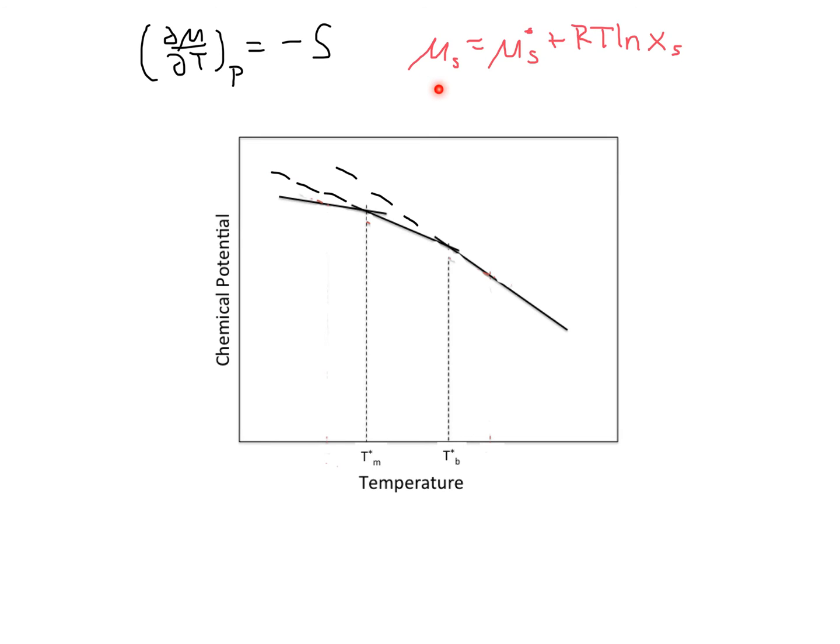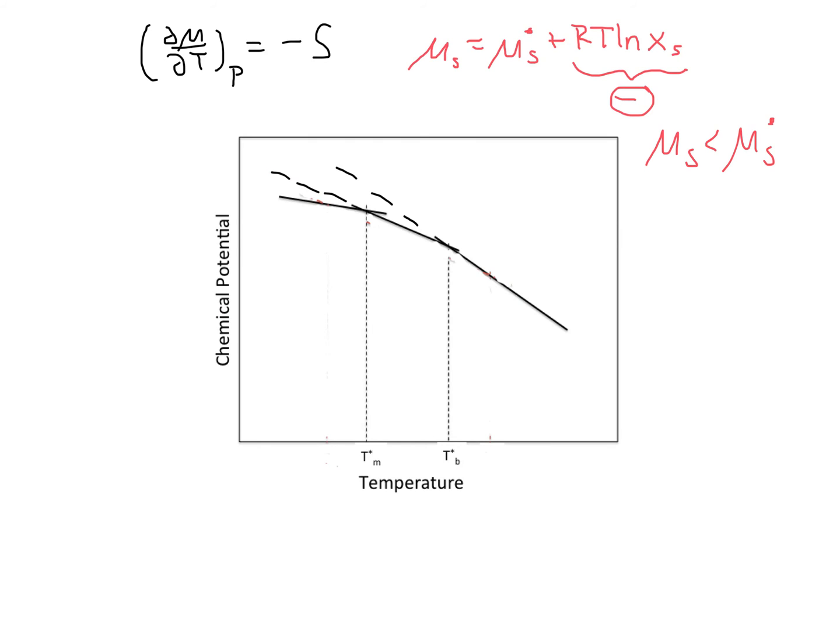If we want to look at the chemical potential of the solvent in solution with a solute, then we need to see how the chemical potential of the solvent in solution varies with temperature. Notice that because x is always less than 1, the natural log of x will always be less than 0, and therefore we are subtracting a correction from the pure chemical potential, and so the chemical potential of the solvent in solution will always be less than the chemical potential of the pure solvent.